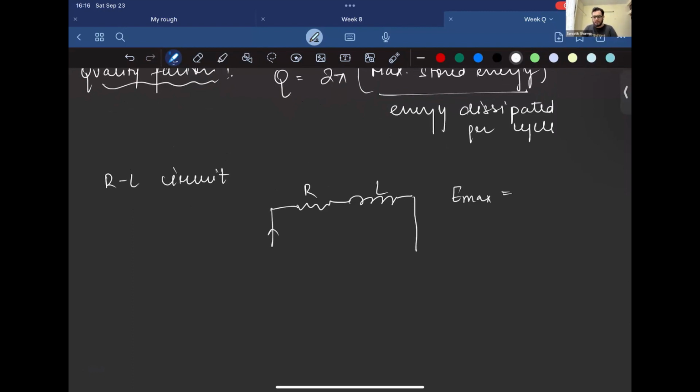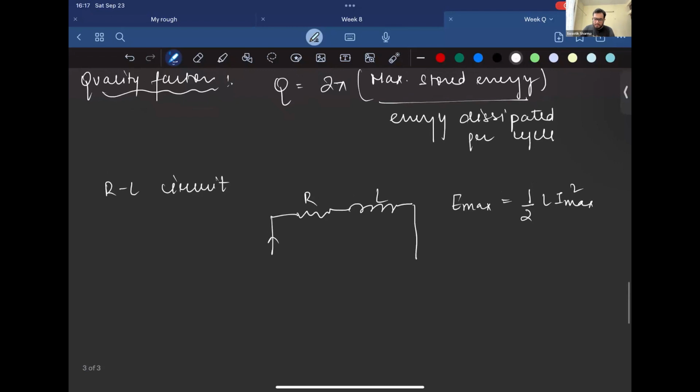The energy of an inductor is nothing but half L i square, right? So when the inductor current is maximum, the energy will be maximum, right? Now, energy dissipated per cycle. What can be the amount of energy that can be dissipated per cycle?